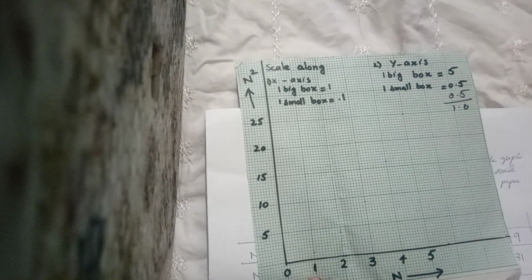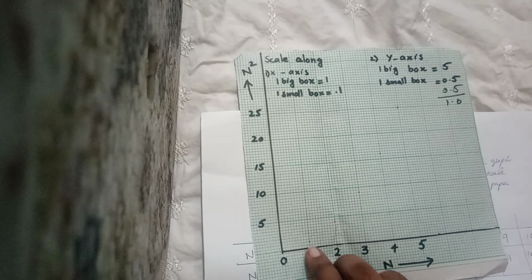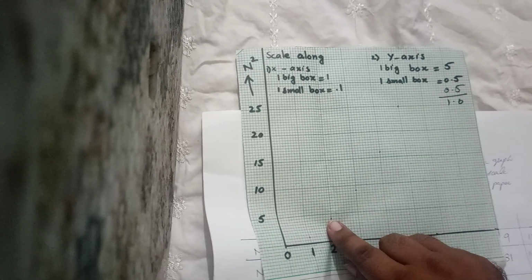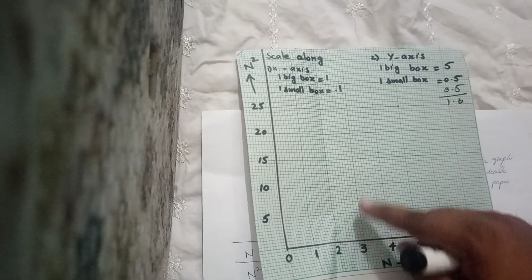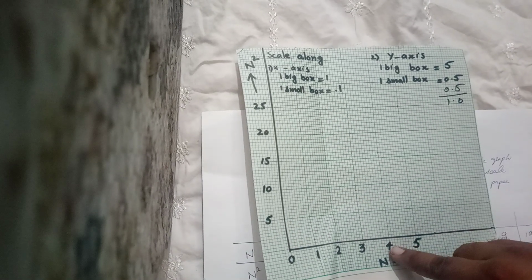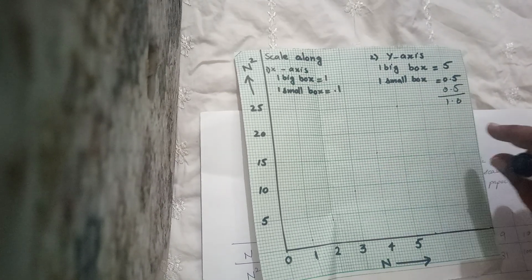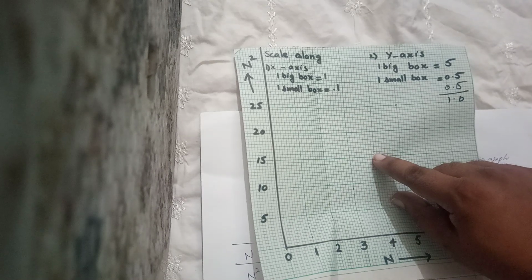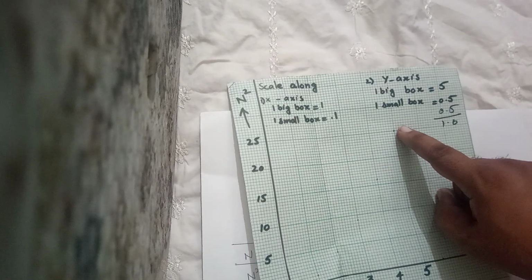We can see 1 over here, and 2 boxes above will represent 1, and this is 2, we have to go 8 boxes above. This is 3, we have to go 18 boxes in the y direction, small boxes. And for 4, which is 16, we have to go 32 boxes above, and for 5 we have to go 50 boxes above.